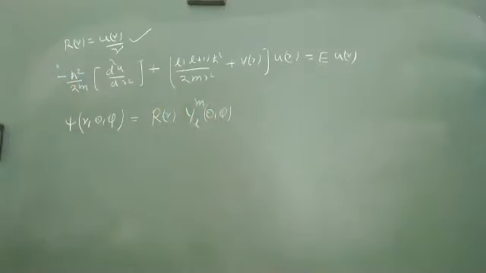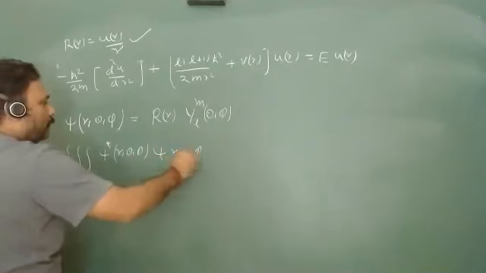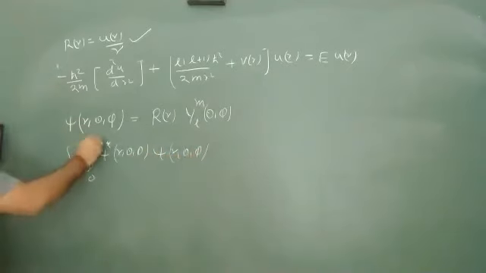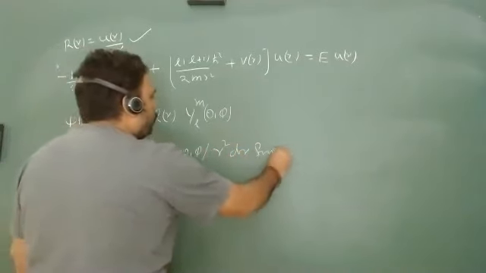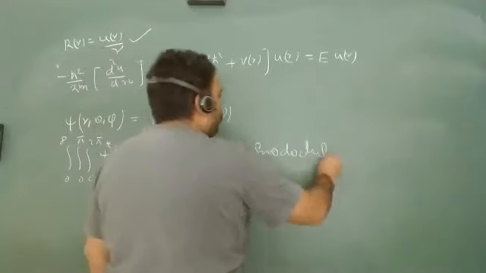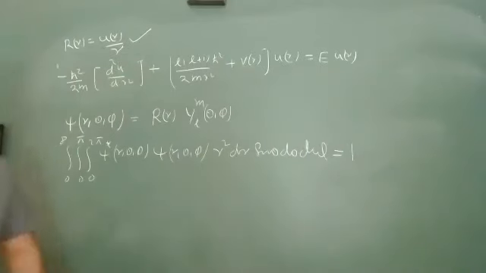What will be the normalization condition? The normalization is the integral of psi star r theta phi times psi r theta phi, 0 to 2 pi for phi, 0 to pi for theta, 0 to infinity for r, with r square dr sine theta d theta d phi, and this must be equal to 1. This is your normalization constant.